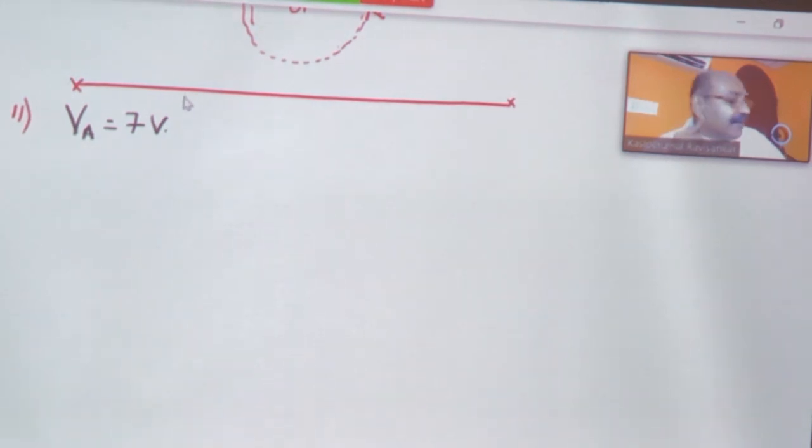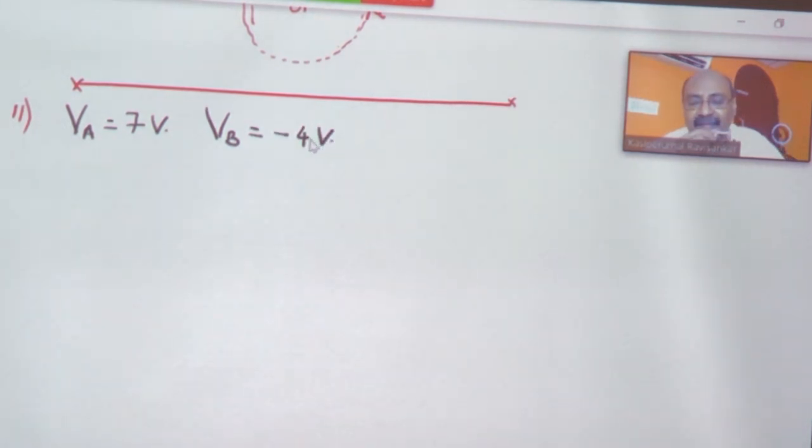Then they have given the point B. At point B, the potential is minus 4 volt. The work done in moving 50 electrons. So let us take number of electrons equal to 50.